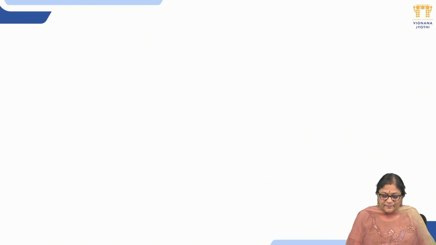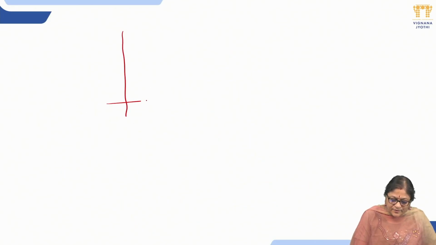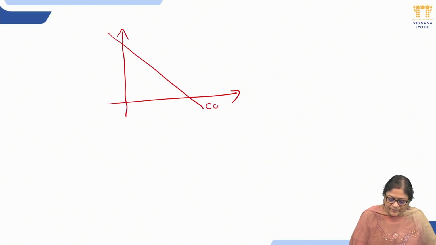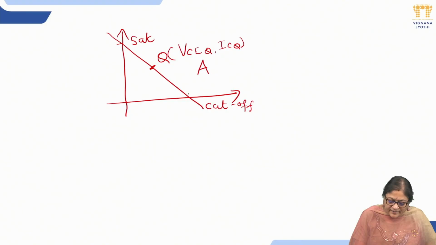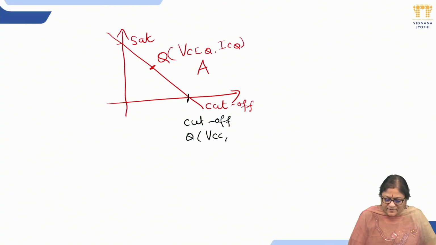Coming to the operating point, how should the operating point be selected? It is very important to select the operating point. Suppose I select the Q point, which is VCQ, ICQ, for class A. Now if I select here, it is cutoff, and the Q point will be VCC, 0.